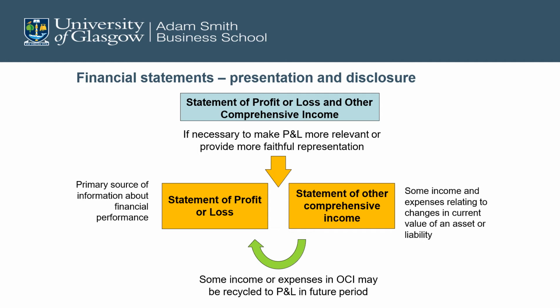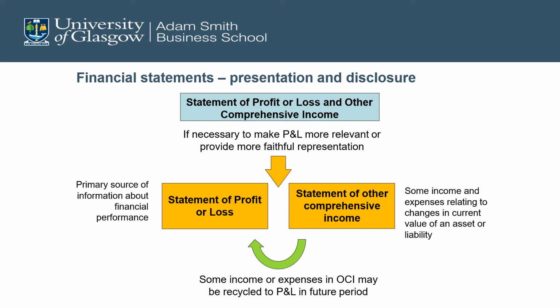So as I said, the statement of profit and loss and other comprehensive income can be divided into two parts: the profit and loss account and a statement of other comprehensive income. And the items in other comprehensive income sometimes get recycled into the profit and loss account in a future period.